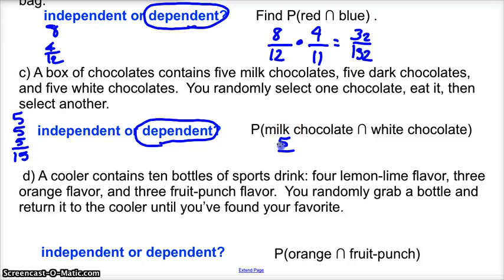There are 5 milk chocolate out of 15 chocolate candies. And what's the probability of you then selecting a white chocolate? Let's see, well, there's still 5 white chocolates, seeing that you picked a milk chocolate, but now there are only 14 left in the box. I can multiply tops with tops and bottoms with bottoms.